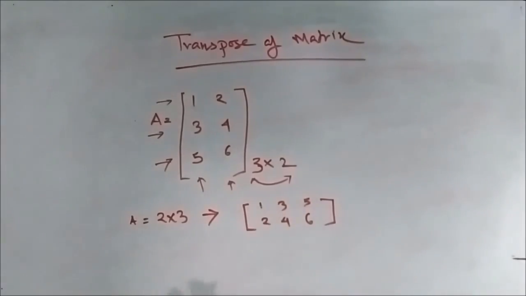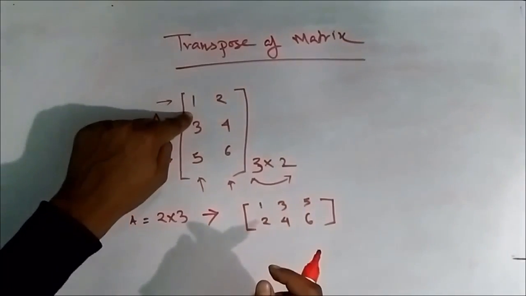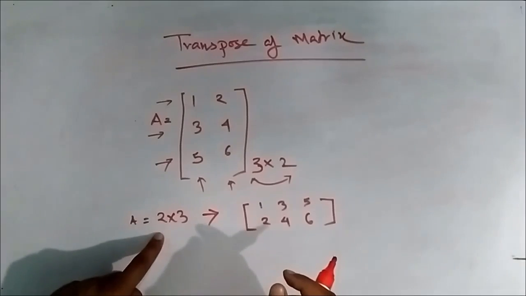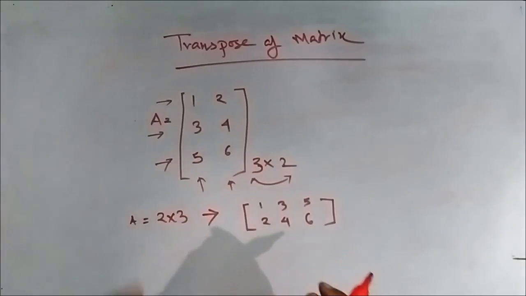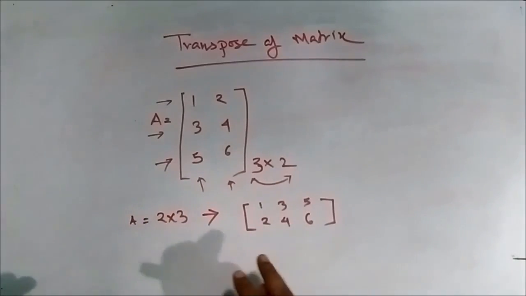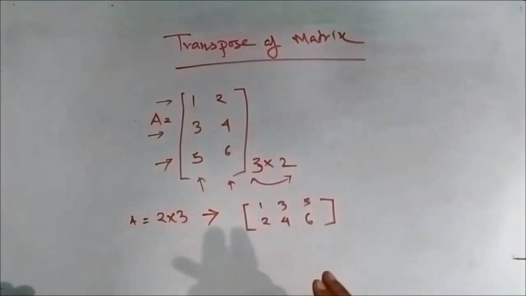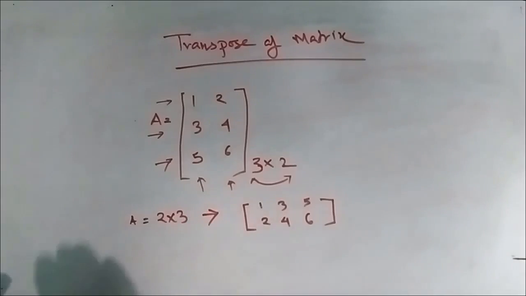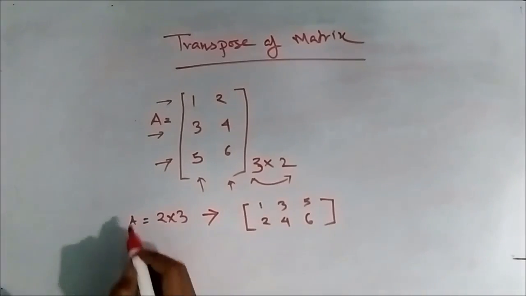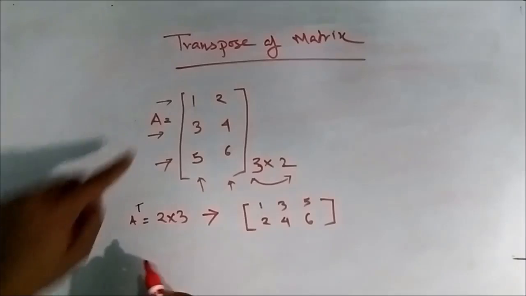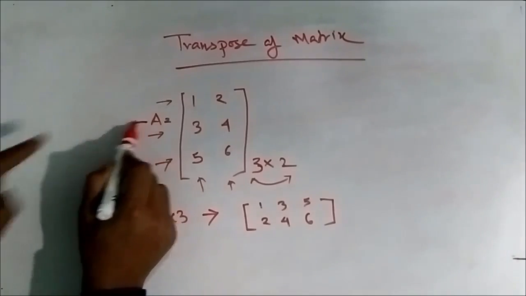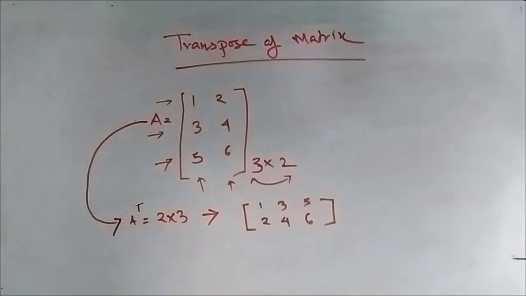We have just put the rows in the place of columns and columns in the place of rows. Okay, so if there is a matrix of order n cross m, and if we reverse the matrix by changing its rows into columns and its columns into rows, then it's called the transpose of the matrix. So here this is the main matrix A and this is the transpose of A, that is A T. Okay, so it is very simple.